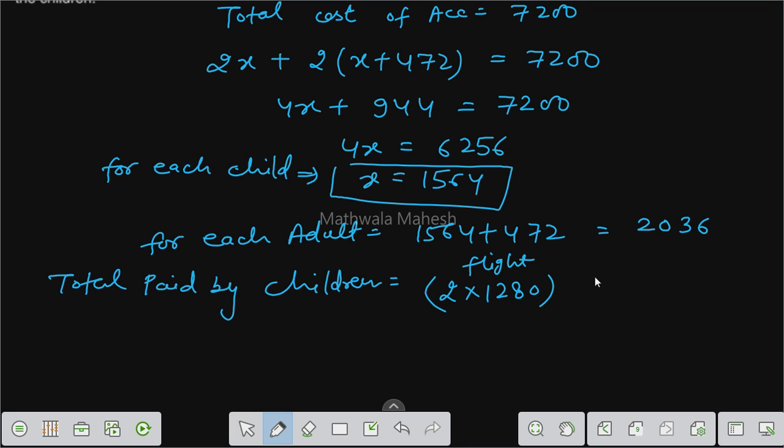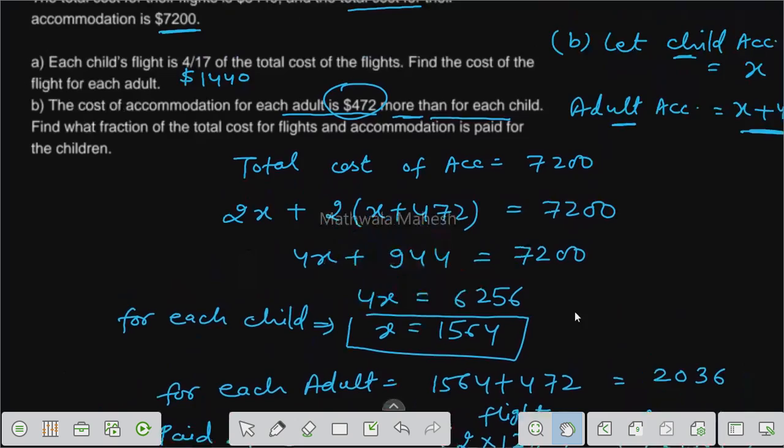This one is flights, plus this one for accommodation, which is 2 into 1564.